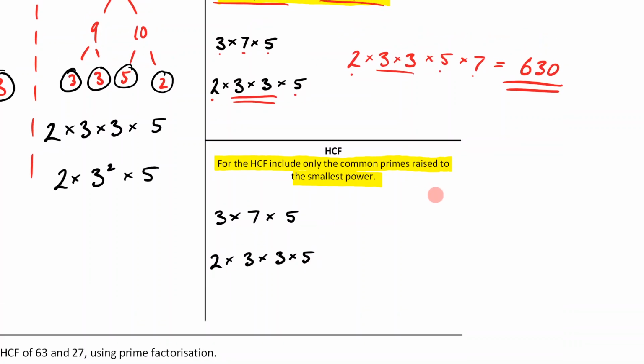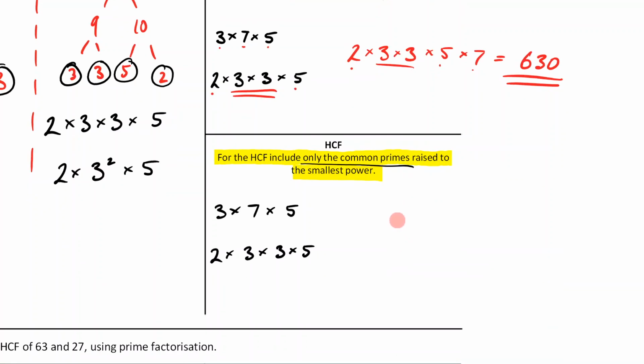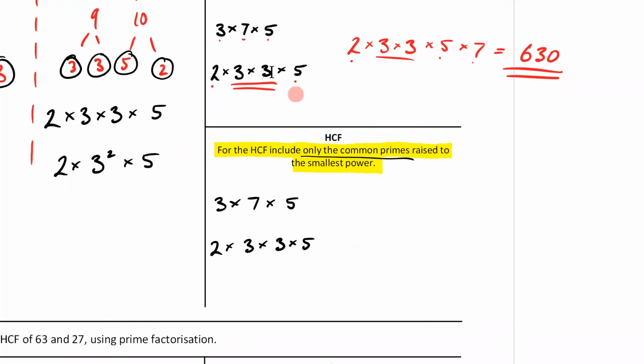Now, unlike our LCM, where we had to take all the different primes, here we're only concentrating on the common primes. So let's get our highlighter, and let's say I have a 3 here, and I have a 3 here. Fantastic. And I also have a 5 here, and a 5 here. So that means it's simply 3 times 5, which is equal to 15.